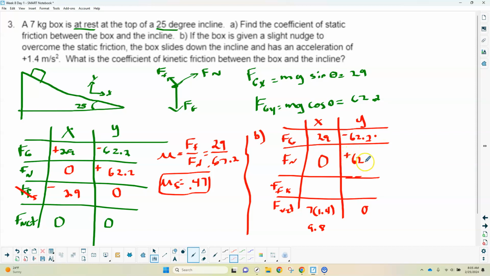To balance it out, friction is 0, and then we have to add 29 to some negative friction value to get to 9.8. So if you do that, you'll get 19.2 for the friction. And then it's using the same equation for the coefficient. So the coefficient is the friction force divided by the normal force.